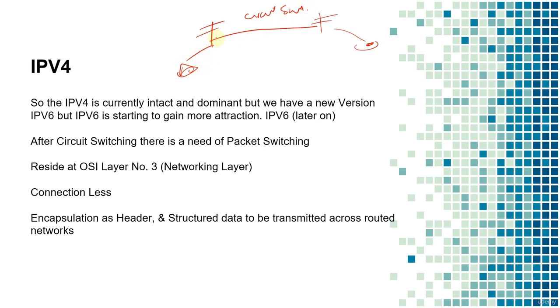Whenever this circuit is available and on, you are able to communicate. But then the need came when somebody thought that if we can send voice, why can't we send data? So this is where the need for packet switching came in.